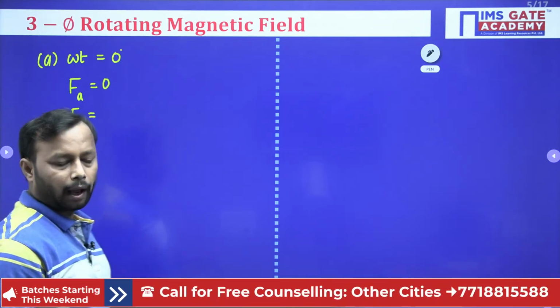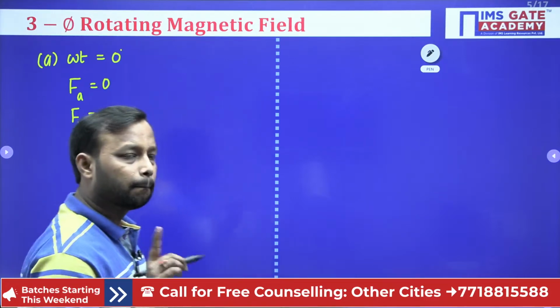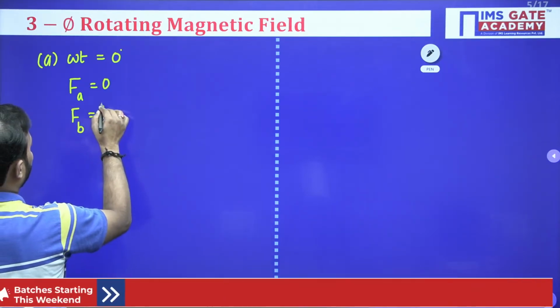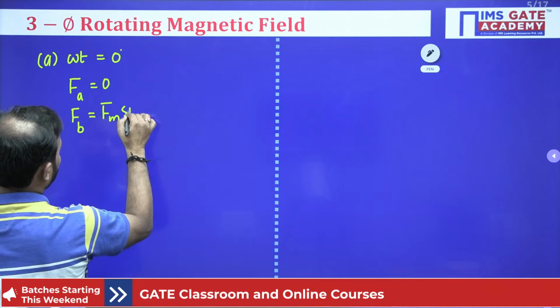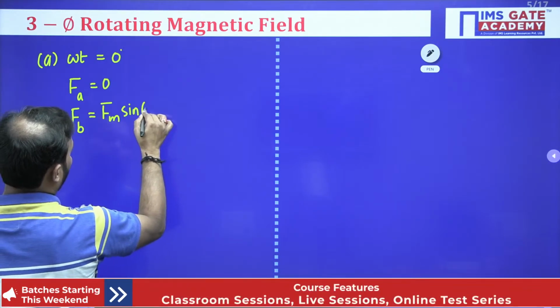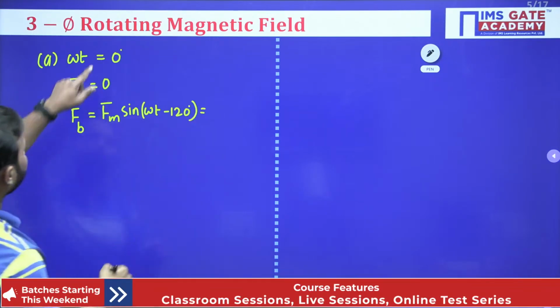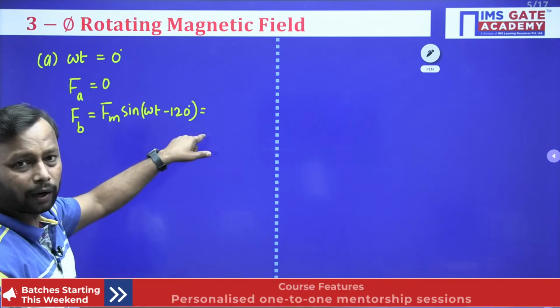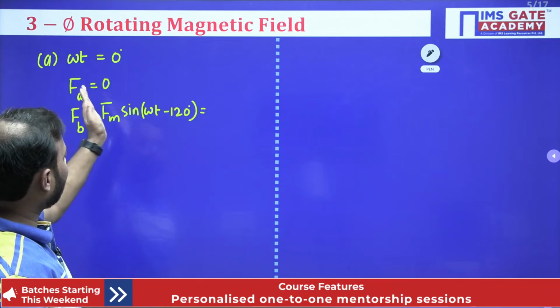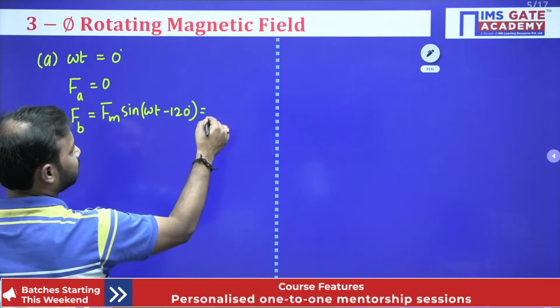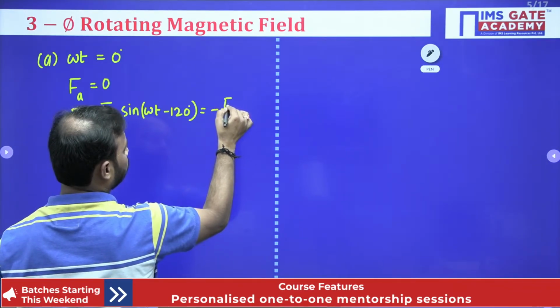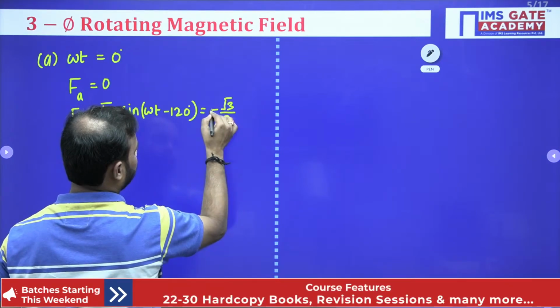FB is Fm sin omega t minus 120 degree. Put 0 here. Sin minus 120 is minus sin 120, and that is minus sin 60, which means minus root 3 by 2 Fm.